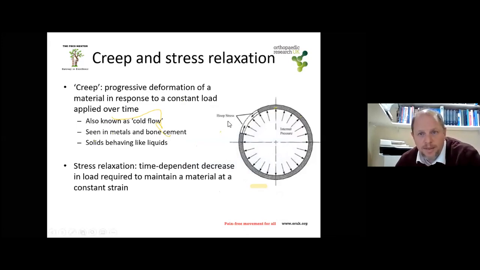A couple of other things that do come up that I want to mention are that, in terms of stress, there are two other viscoelastic properties that we make use of in orthopedics. I haven't talked a lot about viscoelastic properties in this talk, but elastic we have talked about. Do you remember the elastic zone, the plastic zone?